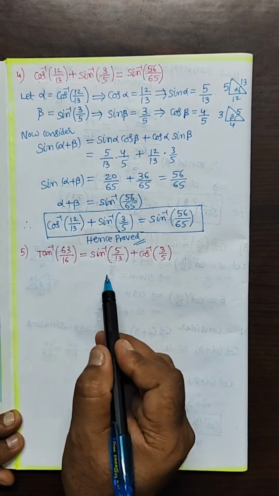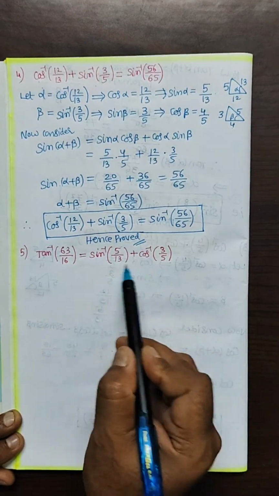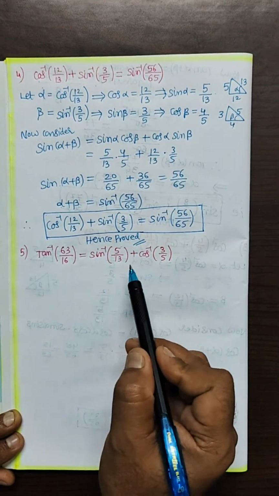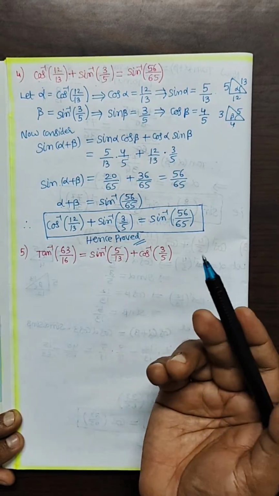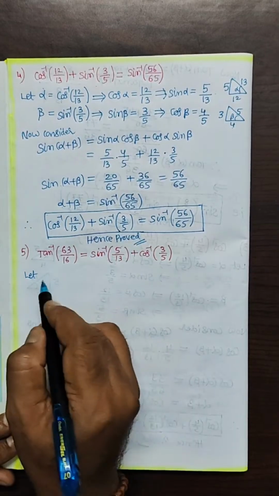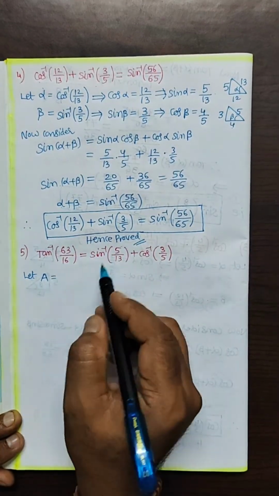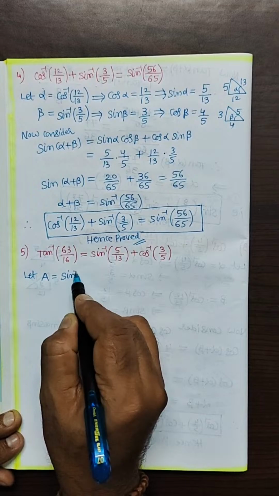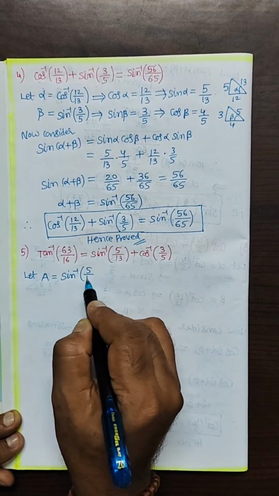So even here also, in these values we are assuming alpha beta. Every time we cannot say that alpha, A, B also we can take. Now we'll take differently. Let A is equal to sin inverse of 5 by 13.